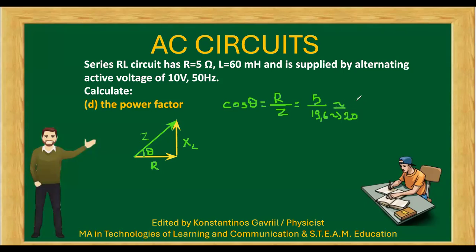So almost 5 above 20, which is 0.25. And this is a very bad power factor. We need the power factor to be over 0.9.